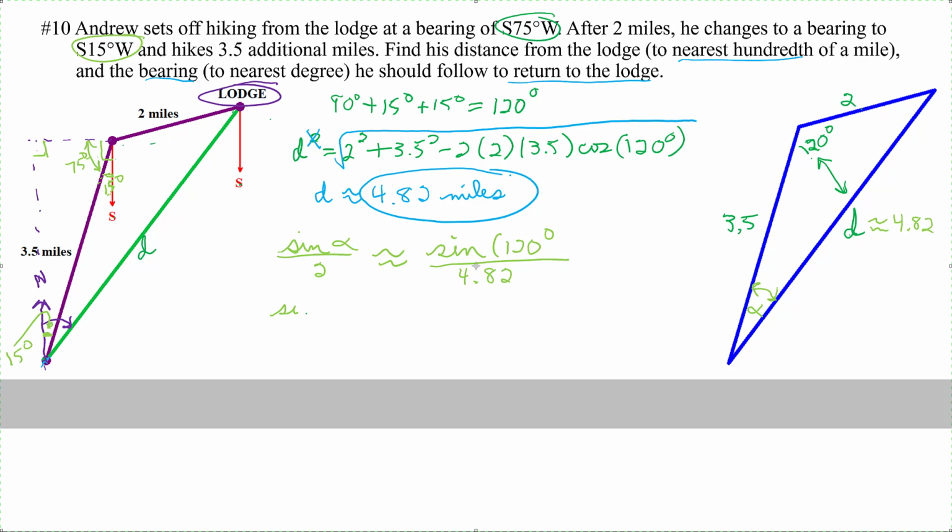We have sine alpha is approximately equal to 2 sine of 120 degrees divided by 4.82, and then alpha itself would be approximately equal to the sine inverse of 2 sine of 120 degrees divided by 4.82.